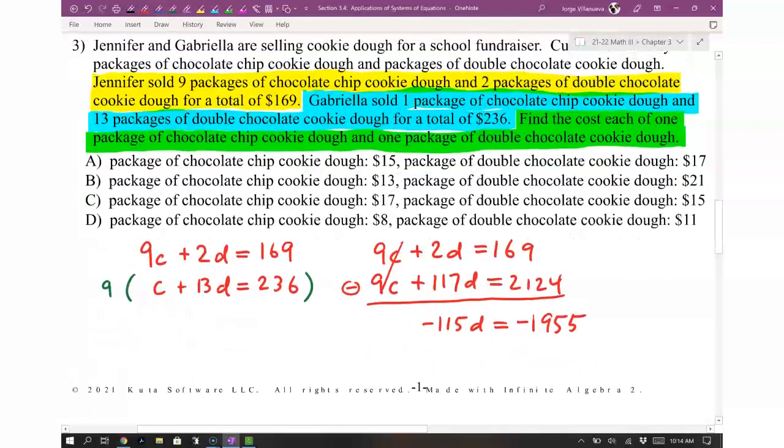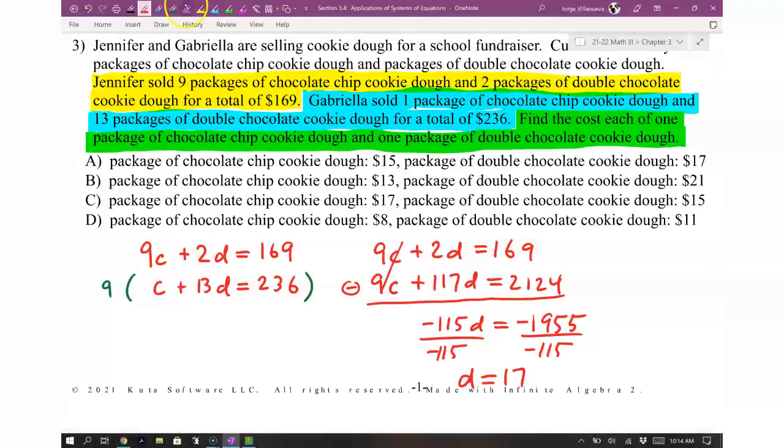So if I divide both sides, I get negative 115 on both sides here being divided. So D is equal to 17. That's how much the double chocolate cookie dough costs. $17. Okay? So all I need to do now is figure out how much the chocolate chip one is.